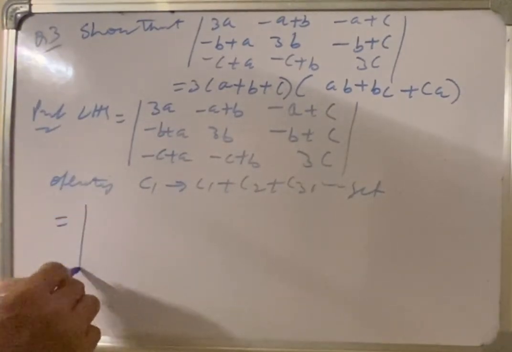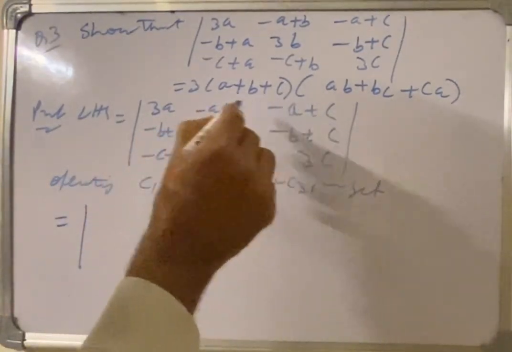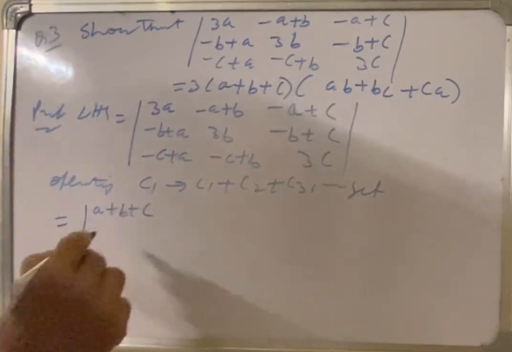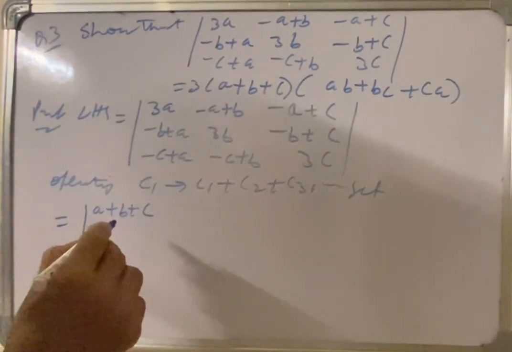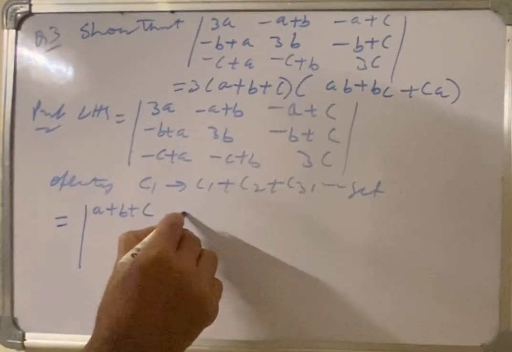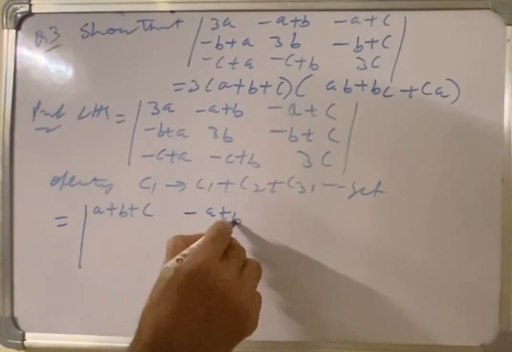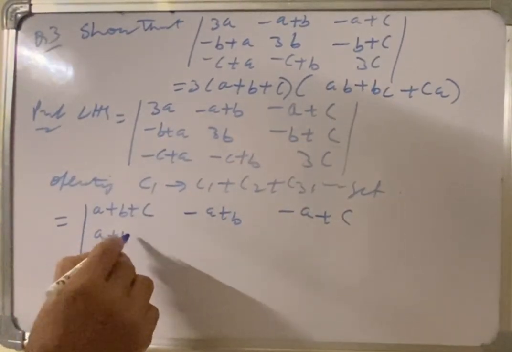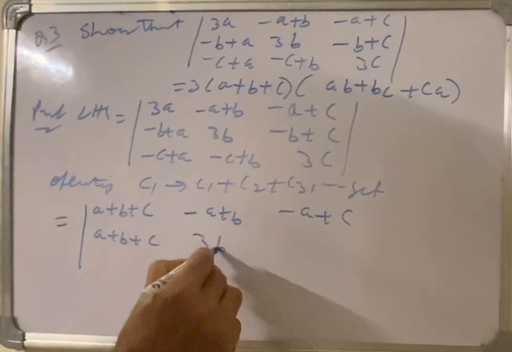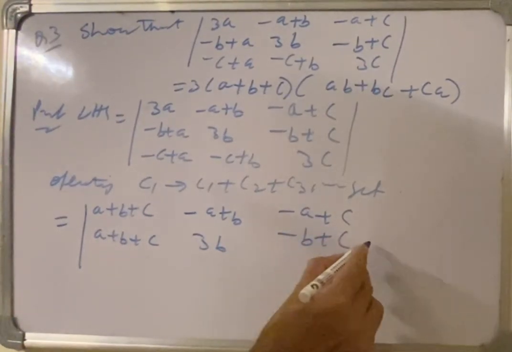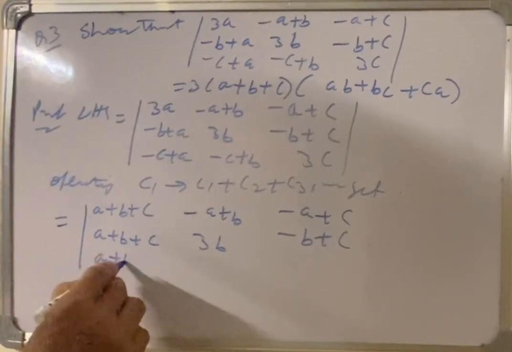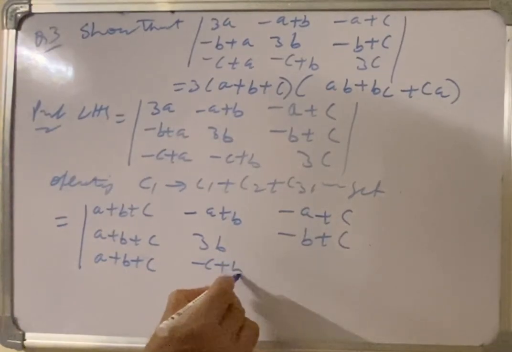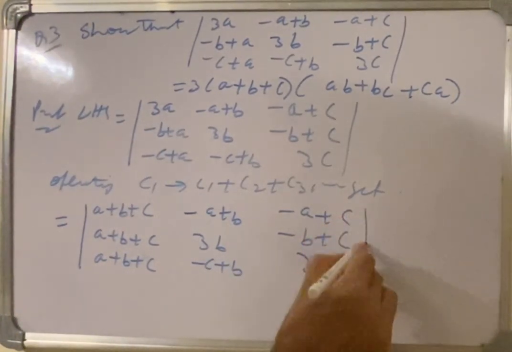We get, is equal to, A will be cancelled, it is A plus B plus C, then minus A plus B, minus A plus C, A plus B plus C, then 3B, minus B plus C, then A plus B plus C, then minus C plus B, 3C.